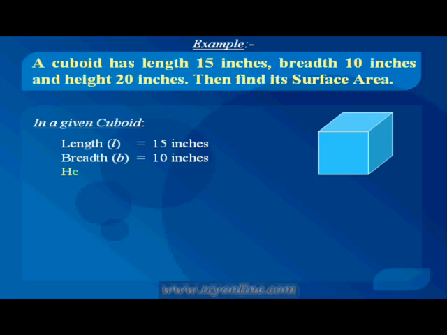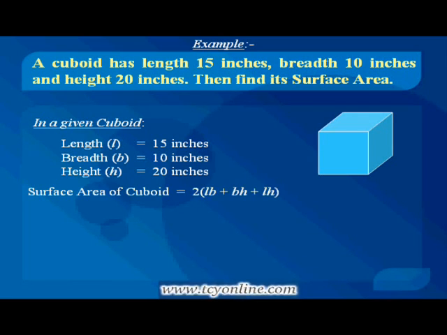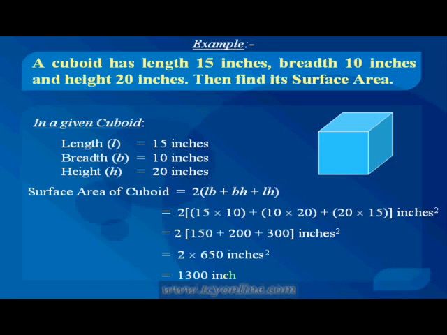We have just learnt that the surface area of a cuboid is given by the formula 2 times length times breadth plus breadth times height plus length times height. So by plugging in the values of length as 15 inches, breadth as 10 inches and height as 20 inches and simplifying, we find that the surface area of the cuboid is equal to 1300 square inches.